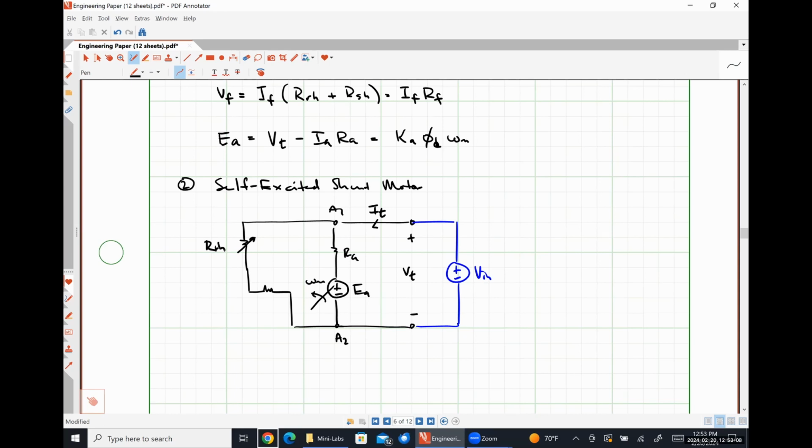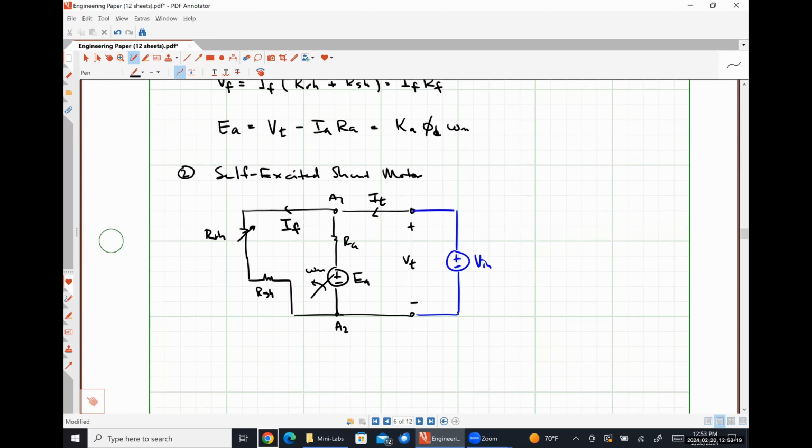Here's my rheostat and my shunt field windings. My field current IF. All right, so our induced voltage EA will be VT minus IA RA and KA phi D omega M. First relationship is just from doing Kirchhoff's voltage law around the right-hand loop.